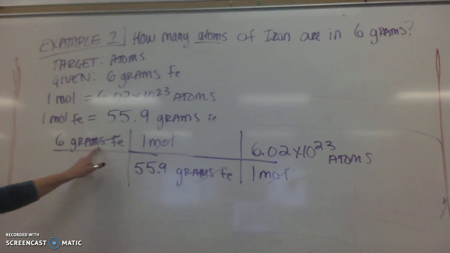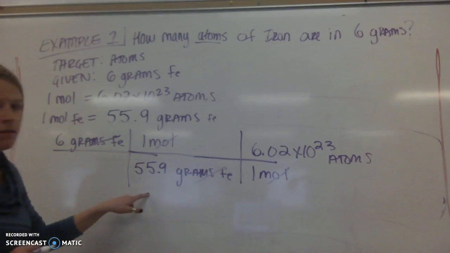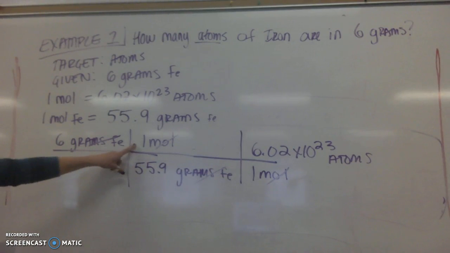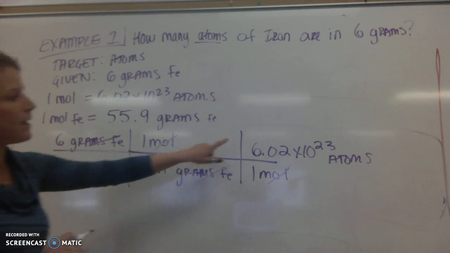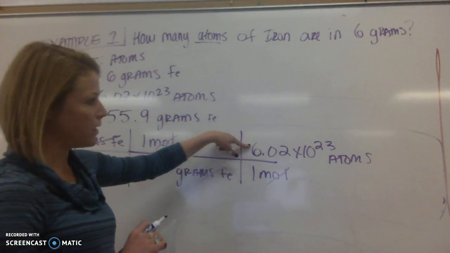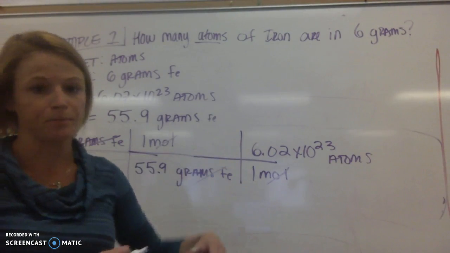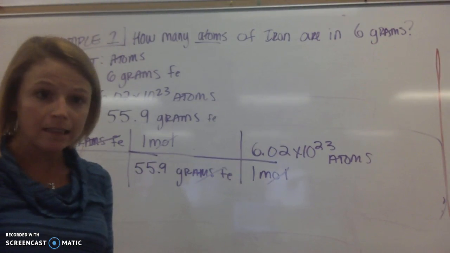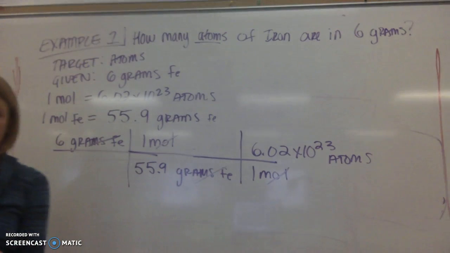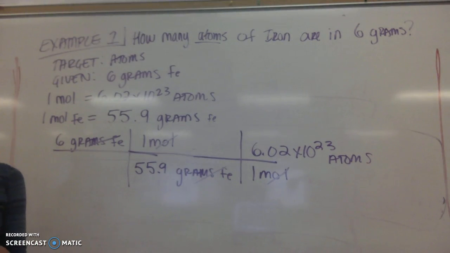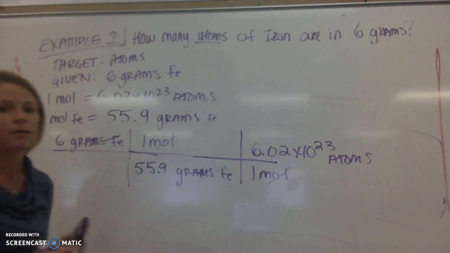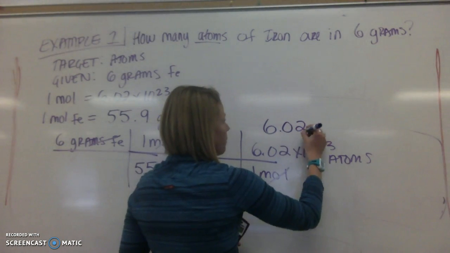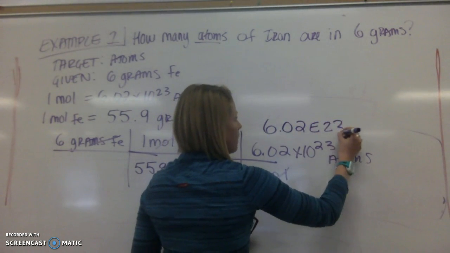To solve, I'm going to multiply across, divide down. So it's going to be 6 times 1 divided by 55.9 times 6.02 times 10 to the 23rd divided by 1. So in your calculator, do it with me. It's going to be 6 times 1 divided by 55.9 times, remember when we put this number in our calculator, it's going to be 6.02 E23.